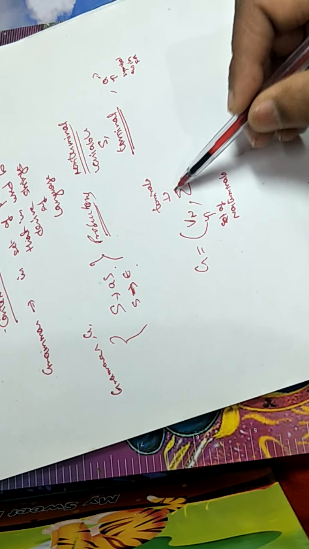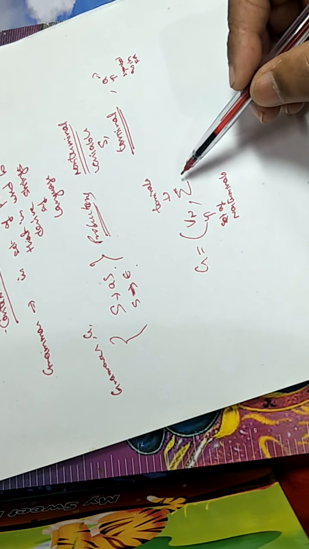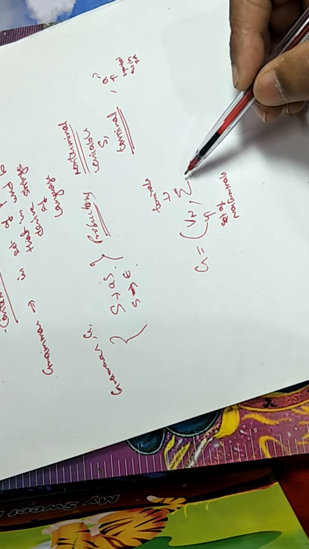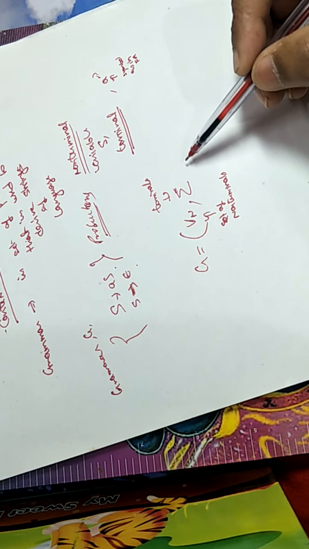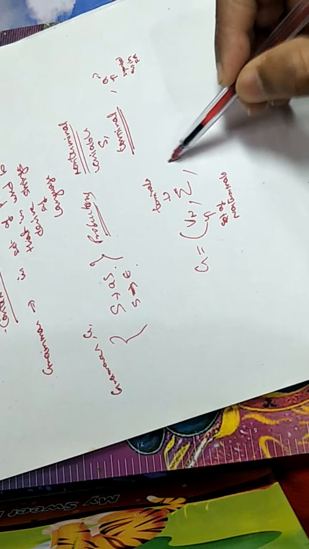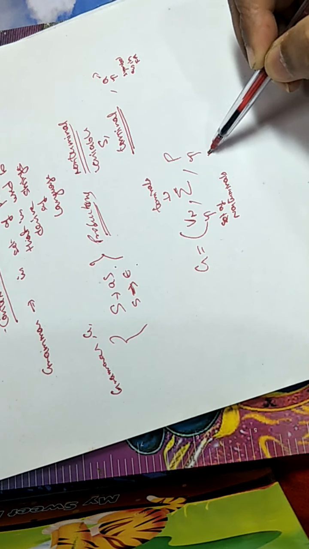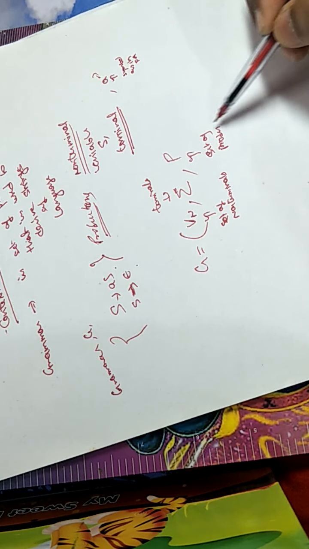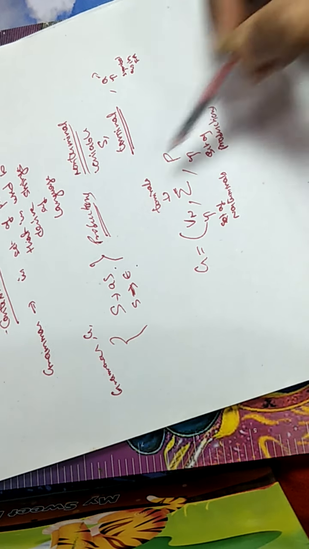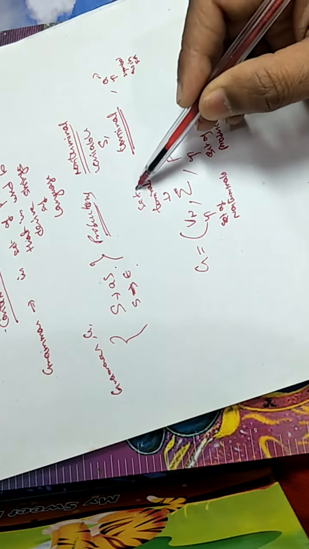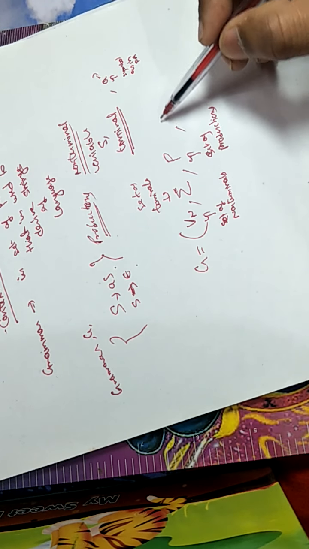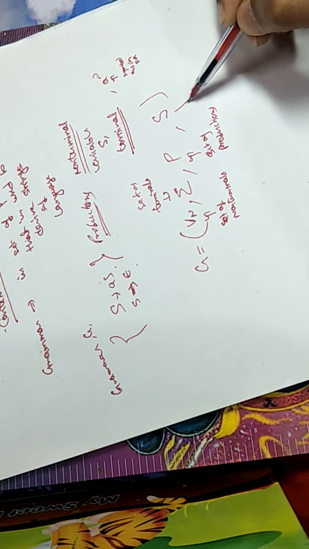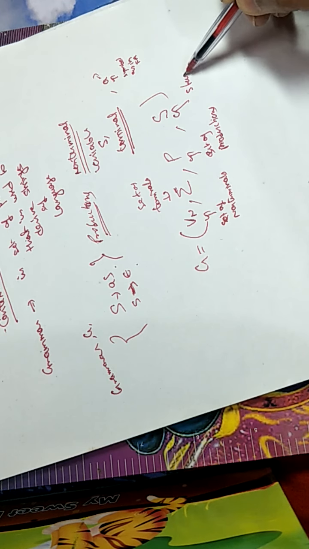It is just like symbols that are used to make a string. And third is productions. It is a set of productions. And fourth is capital S. Capital S is known as the start symbol.